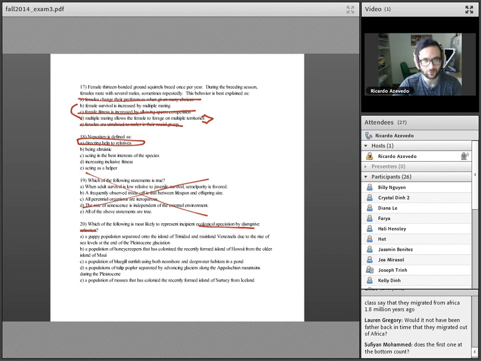Behavior is best explained as: females change their preference when given many choices; survival is increased by multiple mating; female fitness is increased by allowing sperm competition; multiple mating allows the female to forage on multiple territories unrelated to the male's. So this can't be the case. Changing their preference doesn't make any sense.